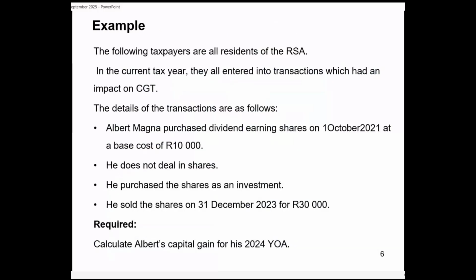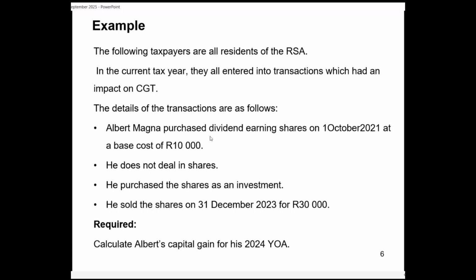For this example, we have the following taxpayers that are residents of South Africa. I'm demonstrating by example what I've just said. In the current year of assessment, they all entered into a transaction which had an impact on CGT. The details of the transaction are as follows.